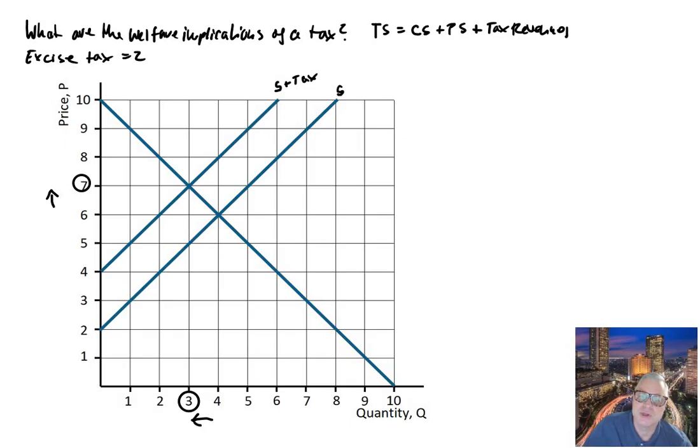Because the new supply function, which is the one that actually matters, is the supply plus the tax, and because at the price of 7 only 3 are being demanded, the producers that technically had a reservation price of 5 or more simply don't face any demand anymore, so they leave the market.